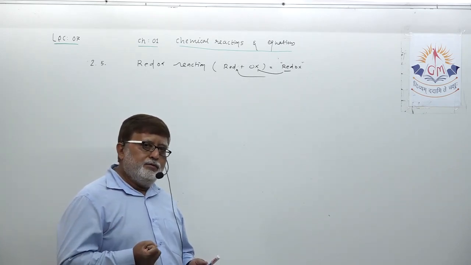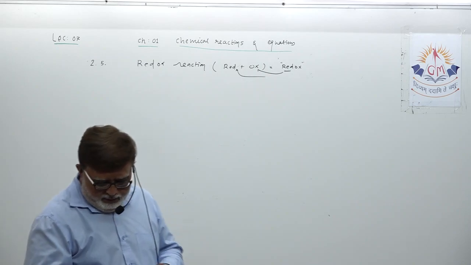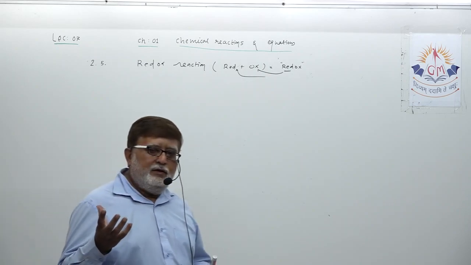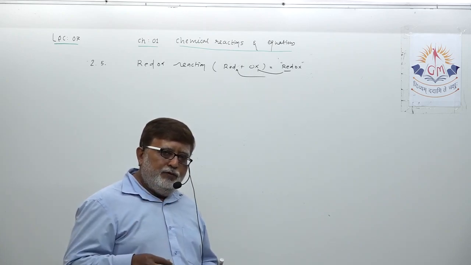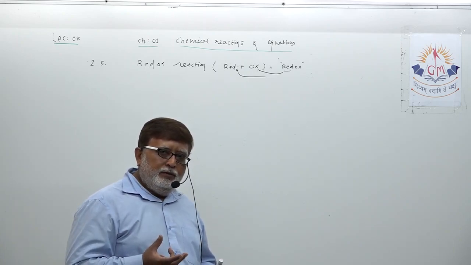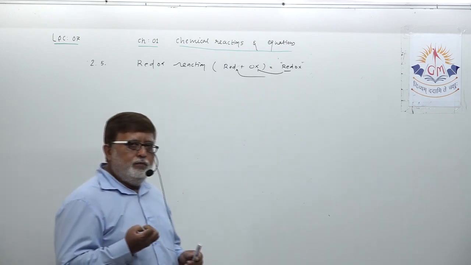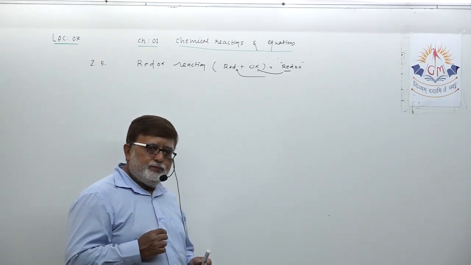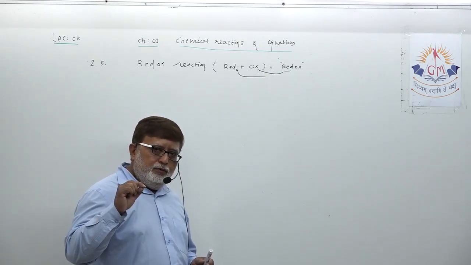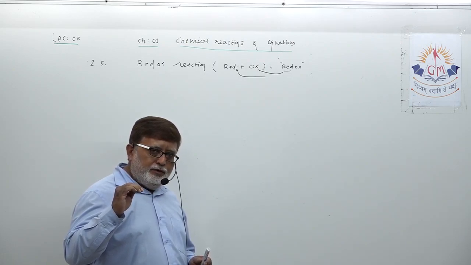copper powder. In the experiment it's so simple to understand that in a china dish, if you take copper powder and you wait for some time, within a short period of time, what you will observe is that on the copper powder a black colored coating is depositing.